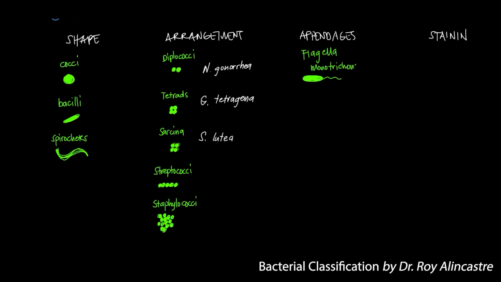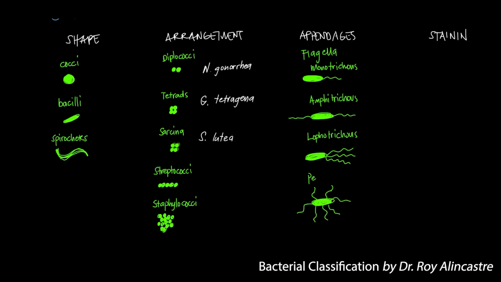They can be monotrichous or polar, like that of Vibrio cholerae. They can be amphitrichous, or one on each pole, or lophotrichous, having multiple polar flagella like the Pseudomonas. And also peritrichous, meaning the flagella are distributed over the entire cell, okay, like Salmonella and Escherichia.